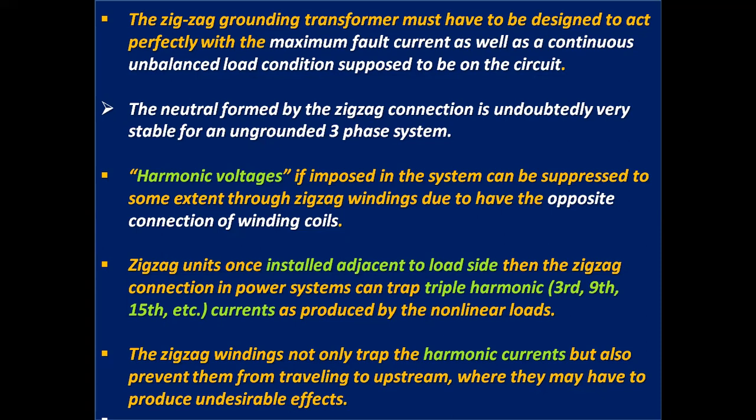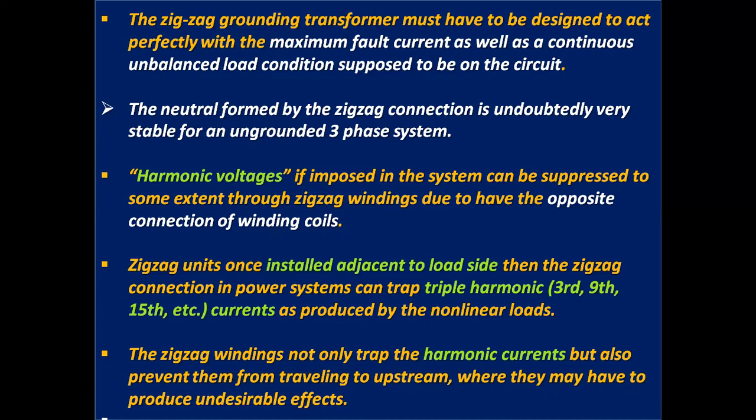The neutral formed by the zigzag connection is undoubtedly very stable for an ungrounded three-phase system. Harmonic voltages, if imposed in the system, can be suppressed to some extent through zigzag windings due to the opposite connection of winding coils.